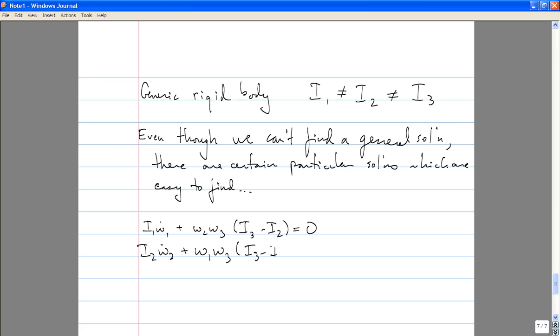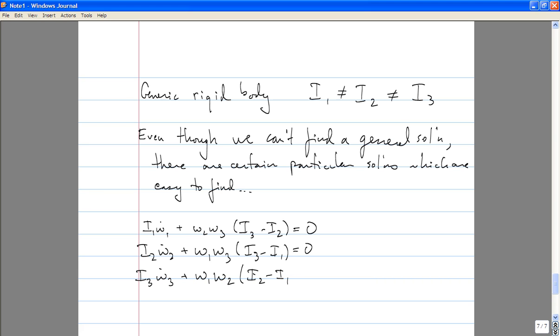And I3 omega 3 dot plus omega 1 omega 2 times (I2 minus I1). Is that right? Or is it I1 minus I2? Let's see. Yes, it's I2 minus I1 equals 0.